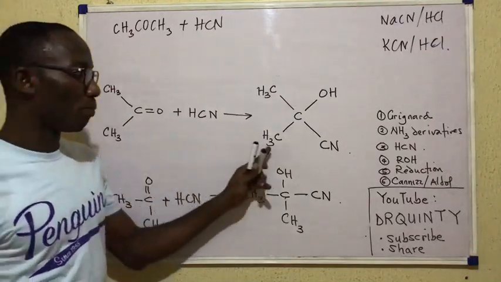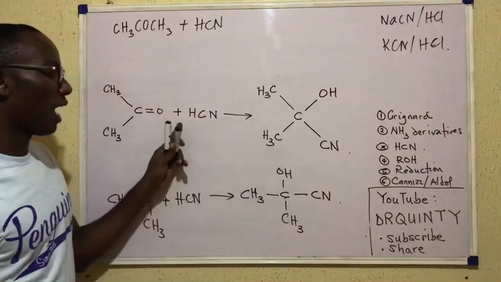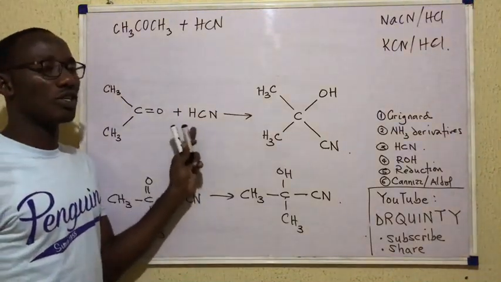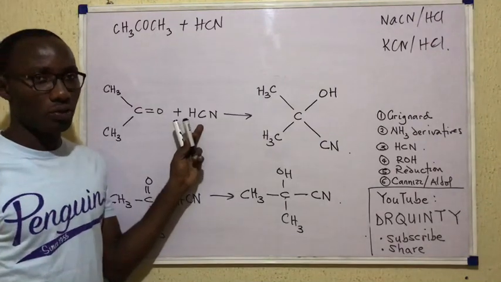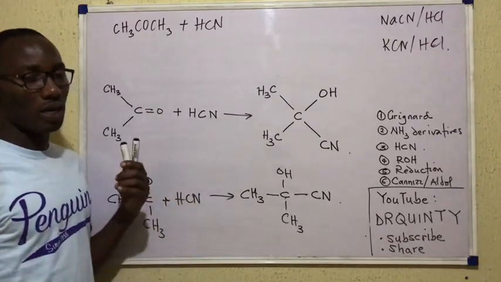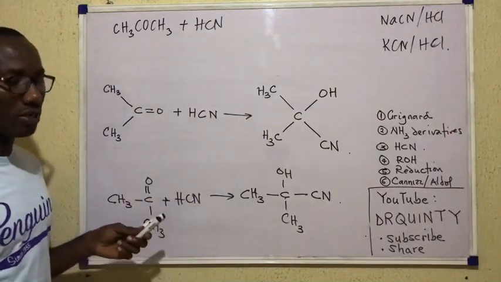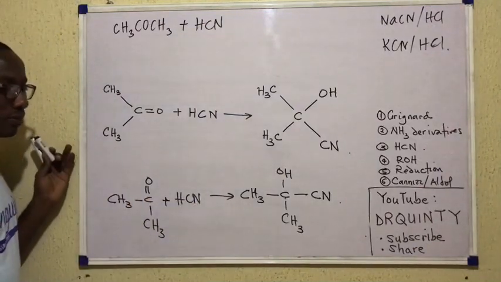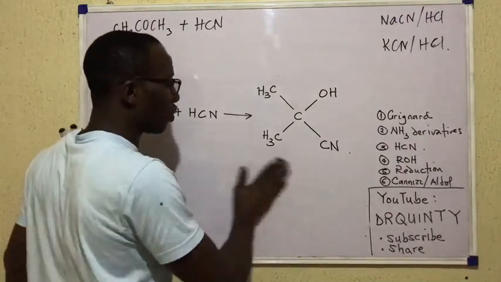But the organic compound we're ending up with there has how many carbons? 4. So we say hydrogen cyanide reaction is one way of elongating an alkanal or alkanone. If you were to increase the carbon chain length of an alkanal or alkanone, using hydrogen cyanide is definitely an option.